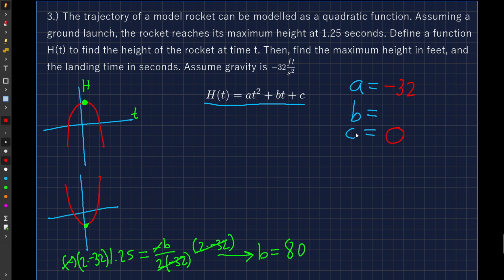Now we have all three of our coefficients, and we can move on to writing out the height equation in its general form. So h of t can be written as negative 32 t squared plus 80t. And since c is equal to 0, we can omit that from the equation. So this is the general form of the equation.